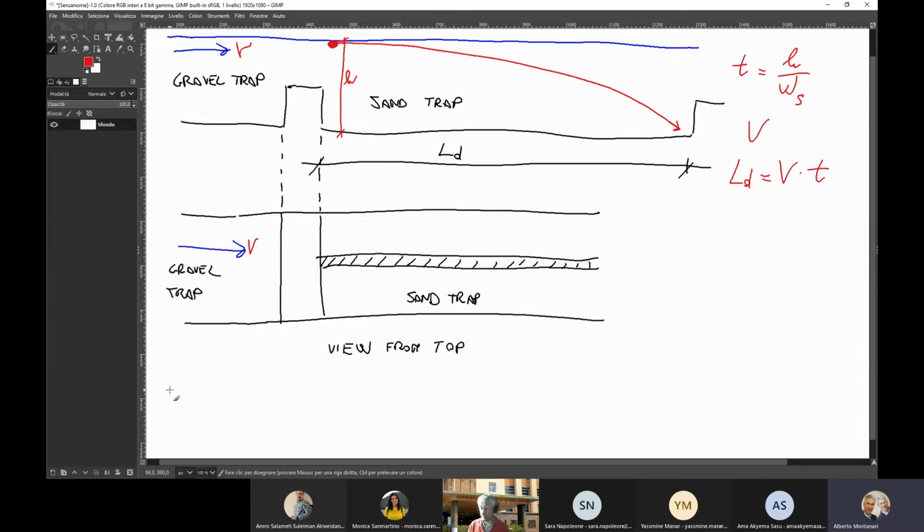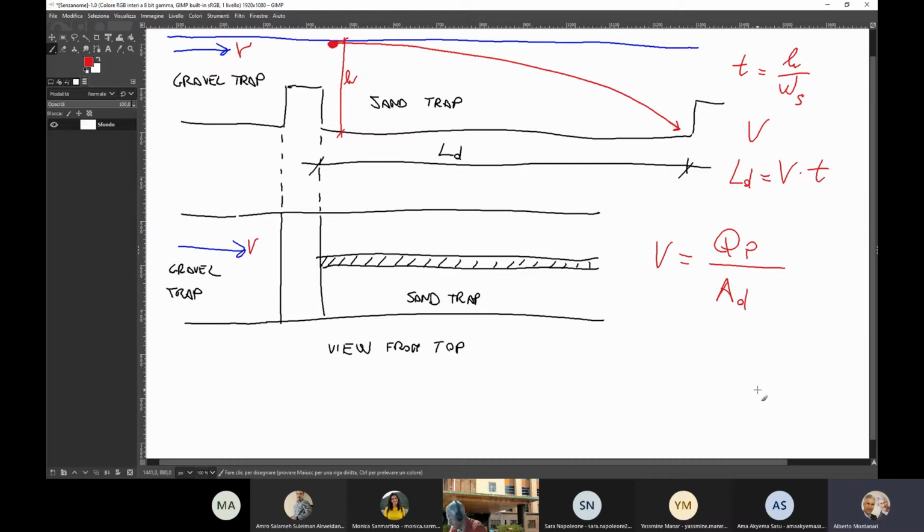V is derived by dividing the design flow of the sand trap, the design water withdrawal, by the area, let's call it AD.